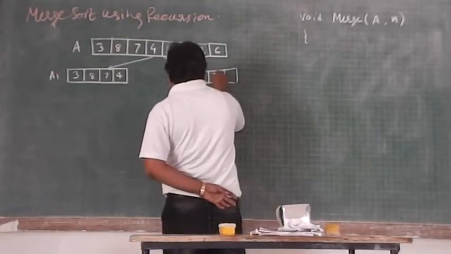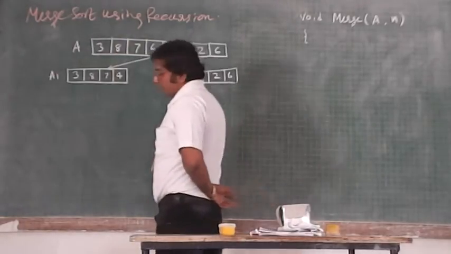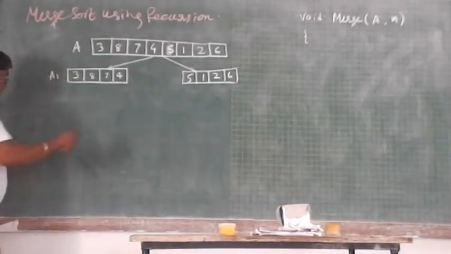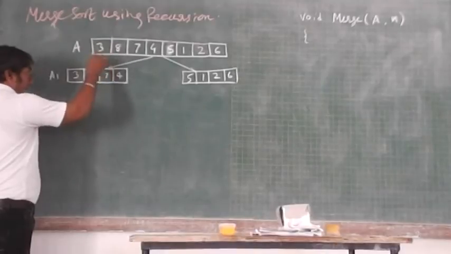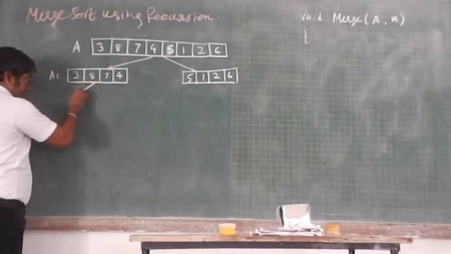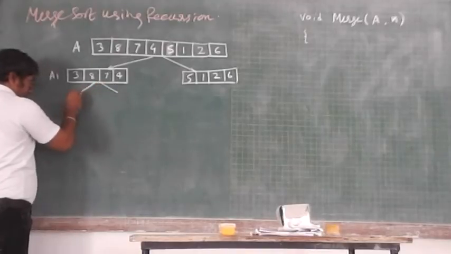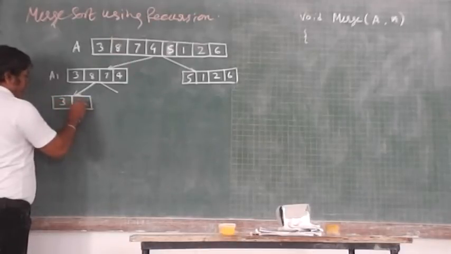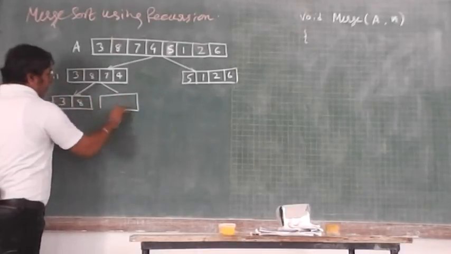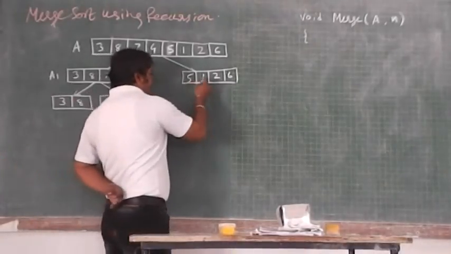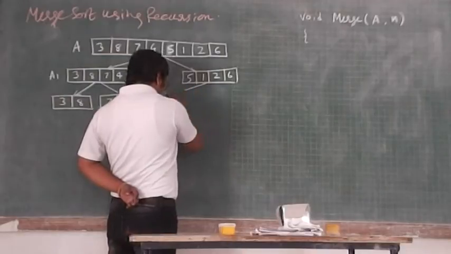Here I will have these 2 sub arrays. Further, I divide this array into 2 equal parts. Here I will get 2 numbers. The same, this array I will divide again.